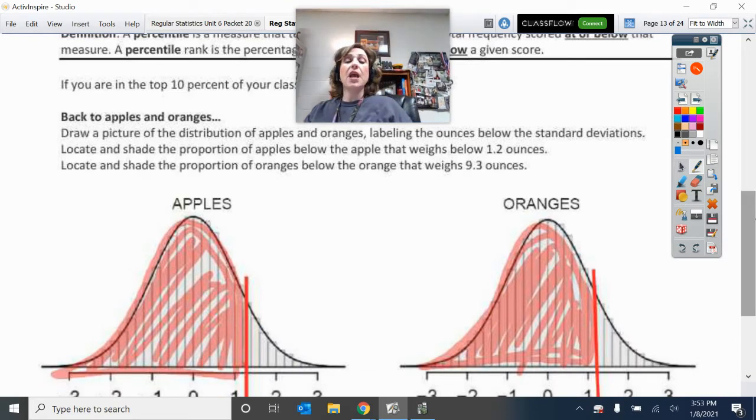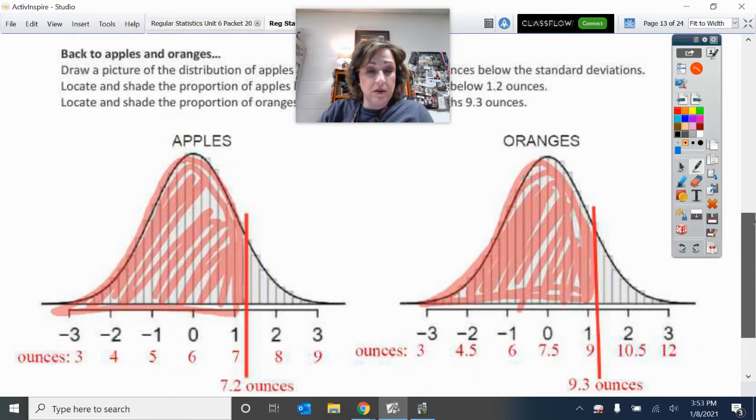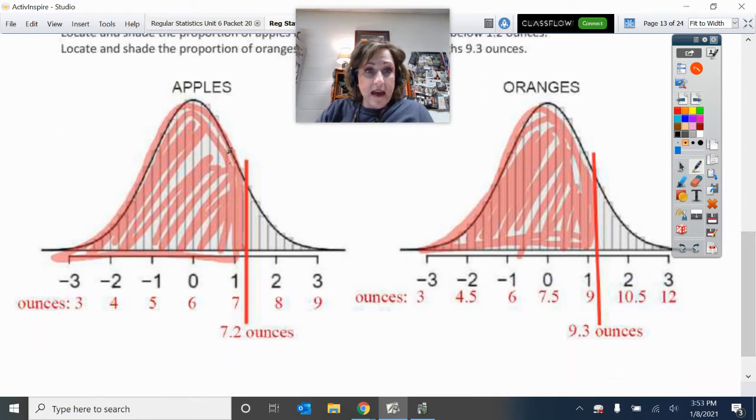Okay, so back to the apples and the oranges. We have this picture here, and here we have these apples where we've got the mean of 6 with a standard deviation of 1. I've gone ahead and put the context in here.